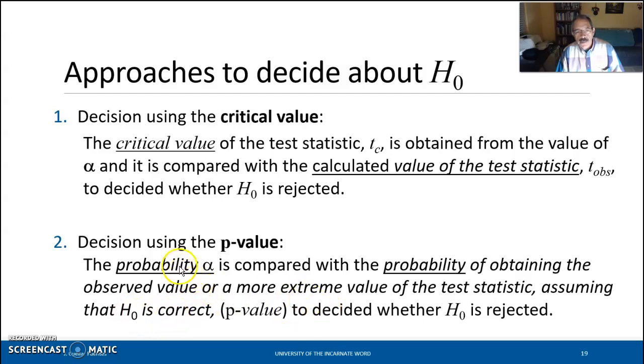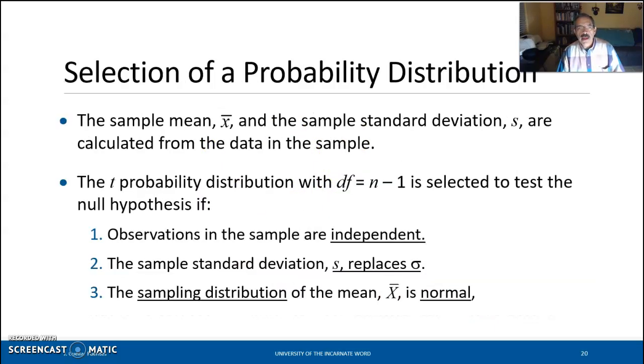And so we compare this probability with the p-value, which is another probability, and we just make a decision about the null hypothesis. So we're going to look at these two approaches a little later. But before I do that, let's talk about how we select the probability distribution.